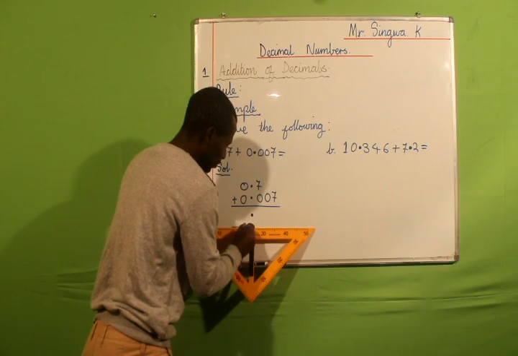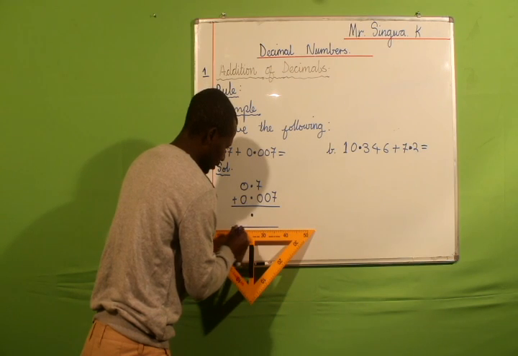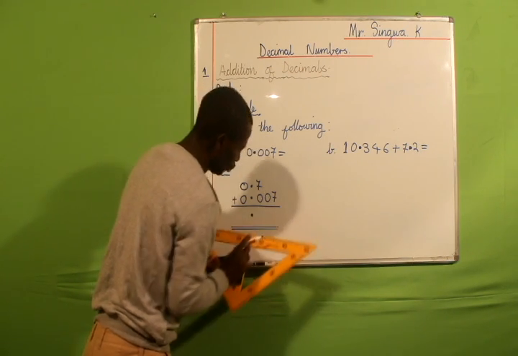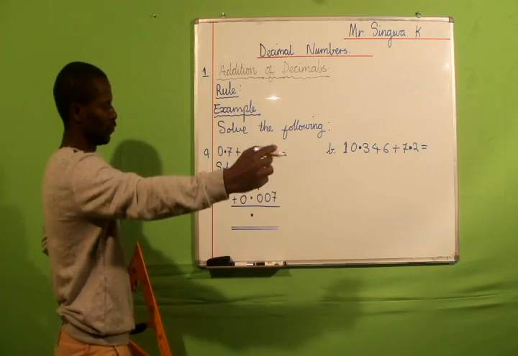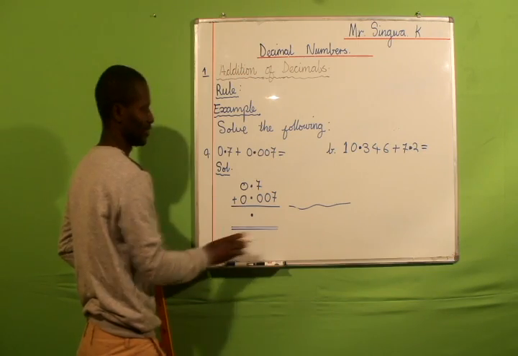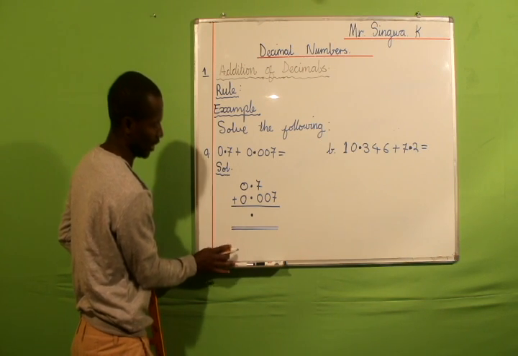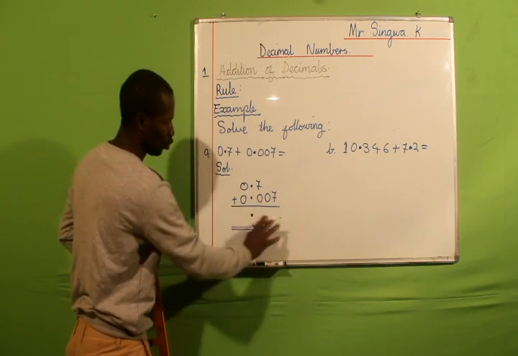Please, I'm using my ruler so that my lines and my work look neat. Equally, you need to do the same. Don't use freehand, this is not advisable. Use a ruler or any alternative you have to make good lines.